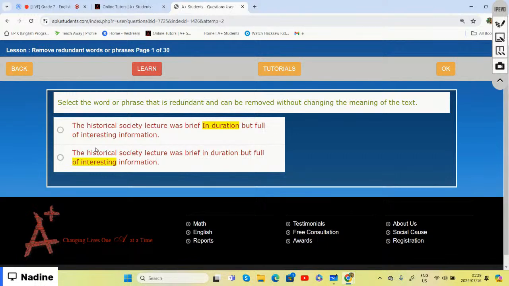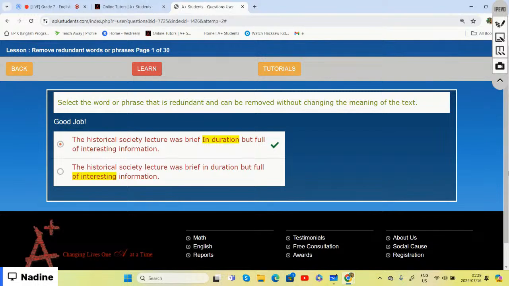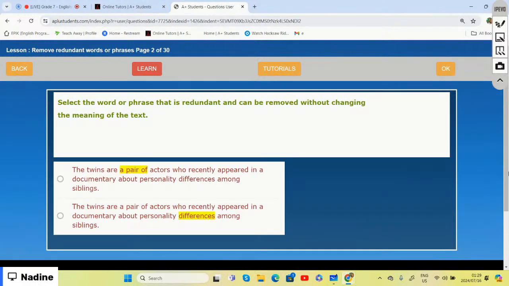So here, do we say the Historical Society lecture was brief in duration, or do we say of interesting? So we can say in duration because we're talking about the time. Yes, so well done. The first option is correct because we're talking about time.